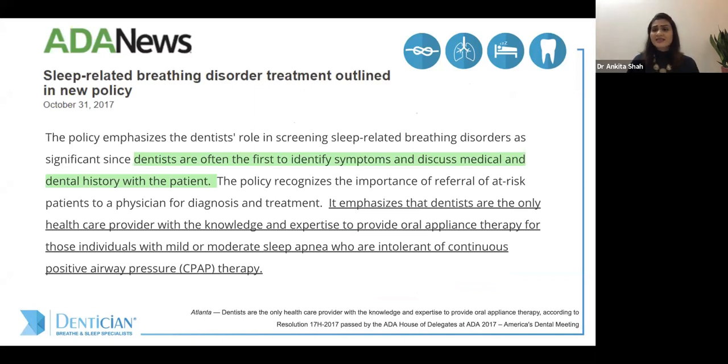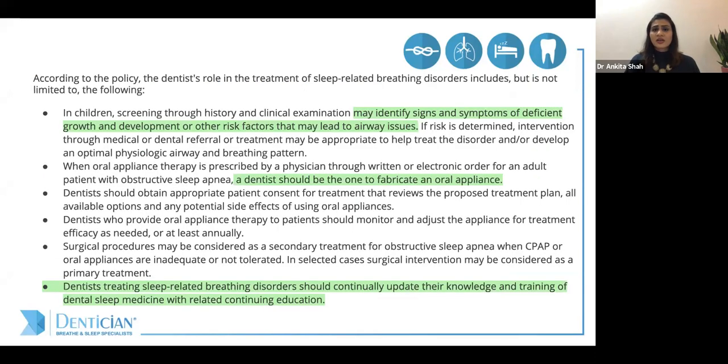We can discuss this with the other medical professionals and can work on these with a multidisciplinary approach.